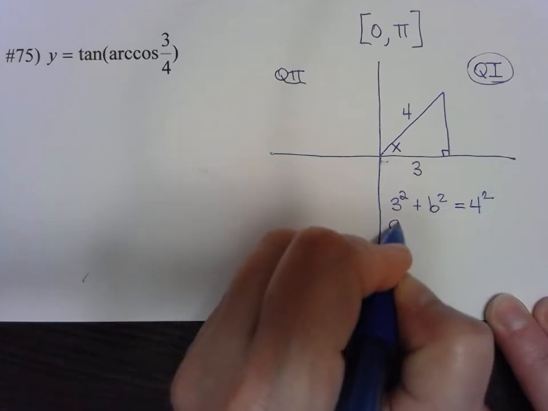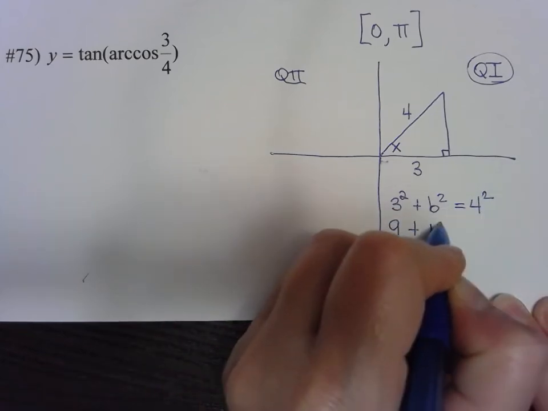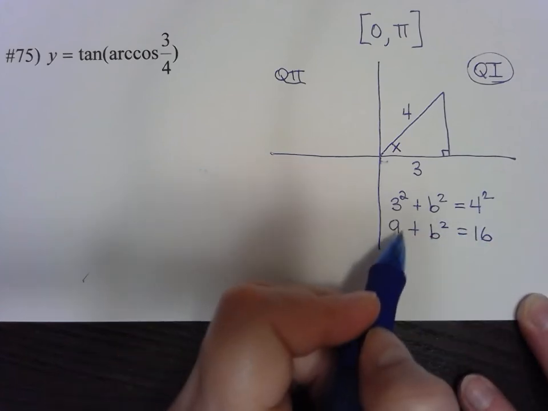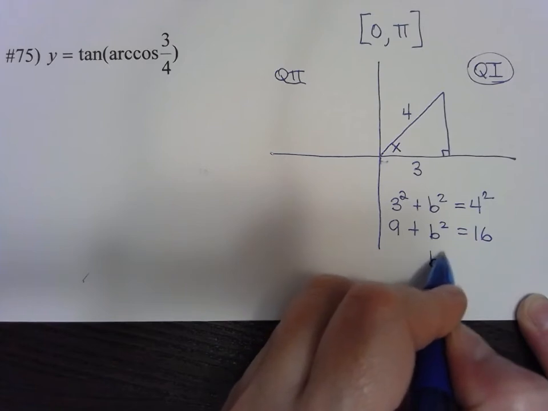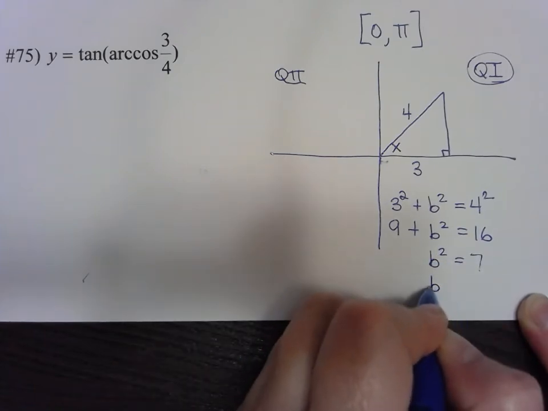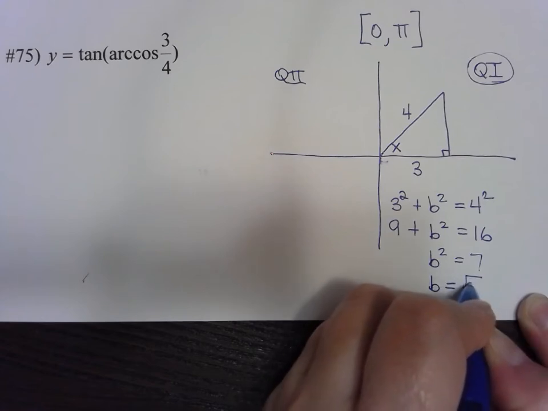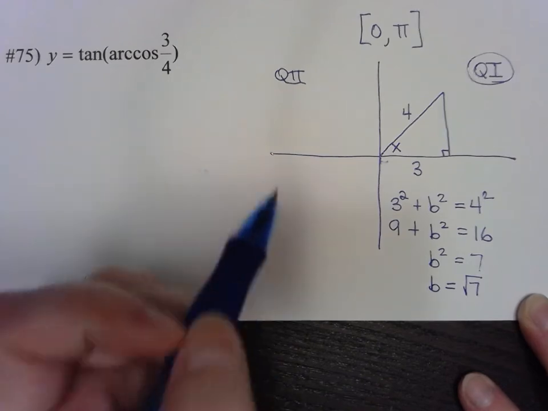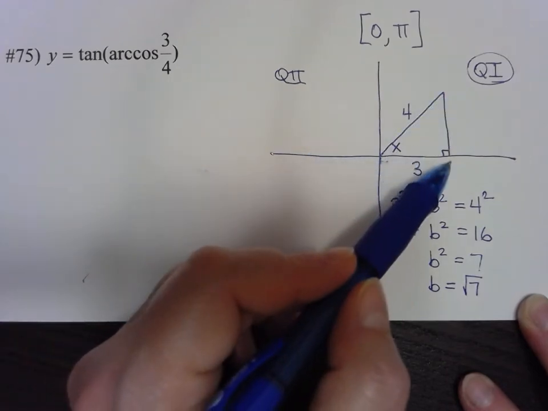So that's 9 plus b squared equals 16. If I subtract 9, I'll have b squared equals 7. So b must be the square root of 7. Positive or negative? We're in quadrant 1, so it's positive.